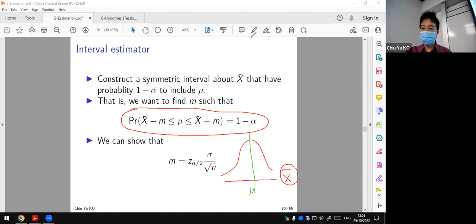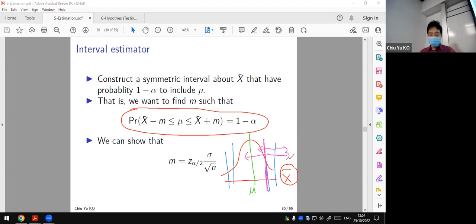So we get a sample mean here, maybe here, maybe here. In particular, if you get this one, we want to go left and right, and actually for each one we want to go left and right. If we do this, we want a high probability that it will actually include mu. That's the idea.